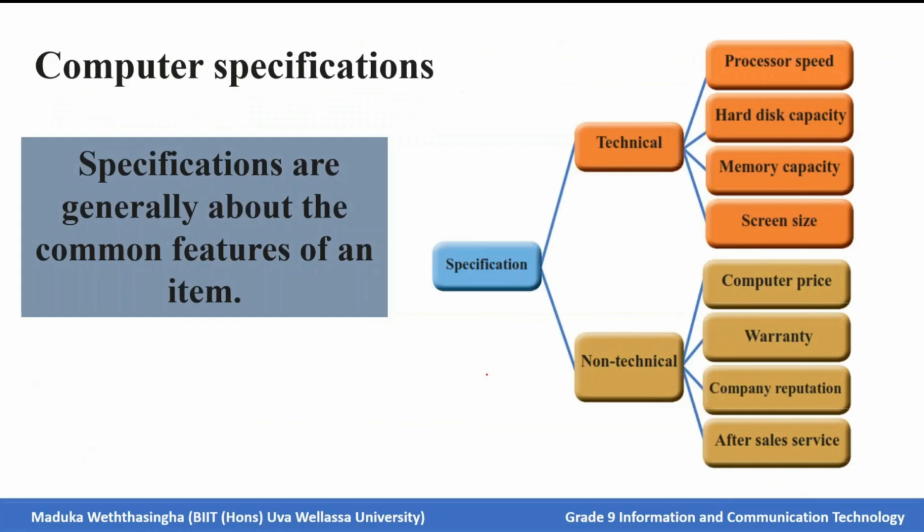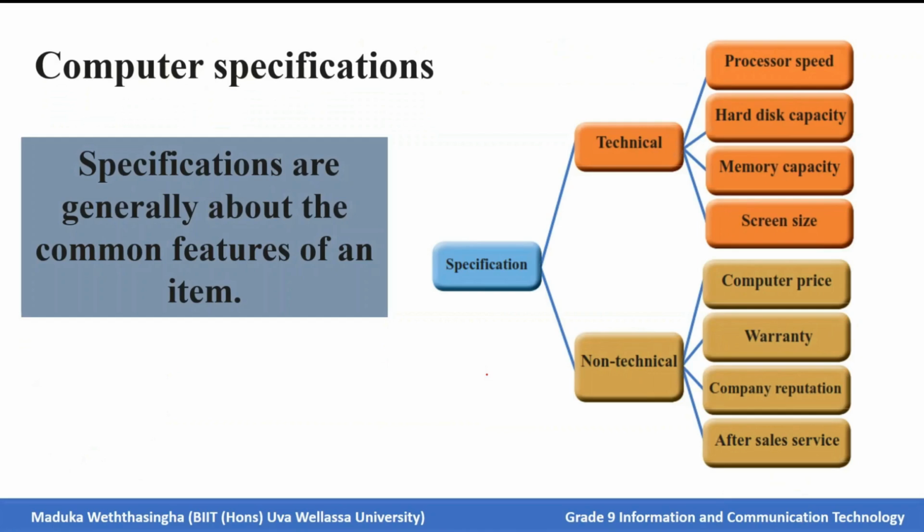When we purchase some item, we have to be concerned about its features. We simply call them specifications. Now we are going to buy a computer, so we call them computer specifications.